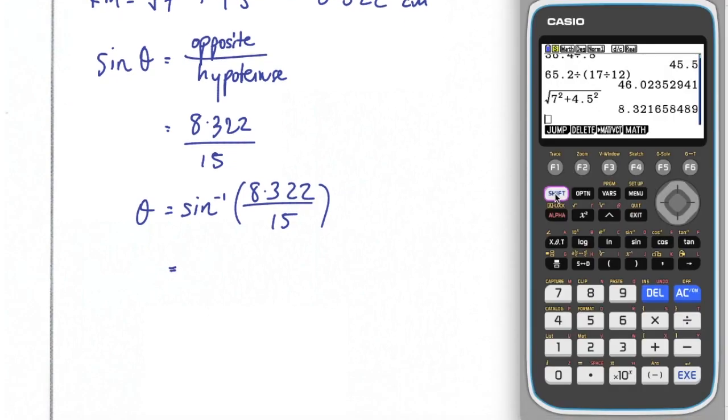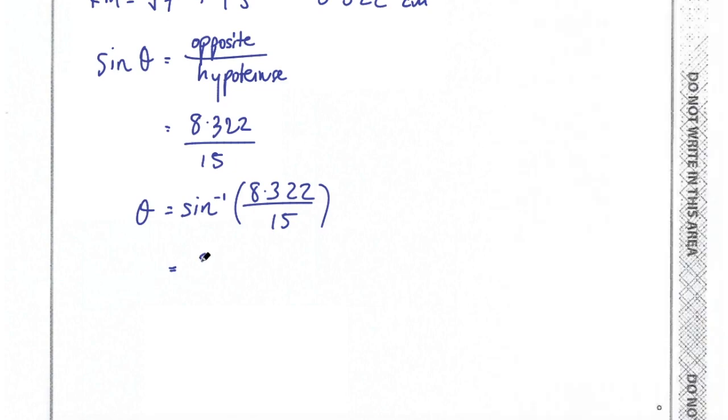So the inverse sine is always above the sine number, or usually. And actually let's use the answer key to get this as accurate as possible. So the answer from the previous calculation divided by 15 equals 33.695 approximately.